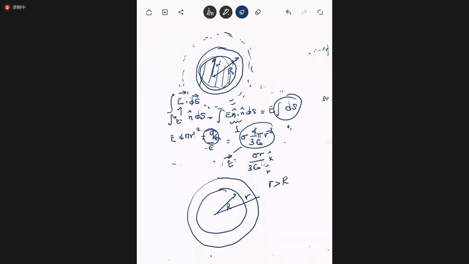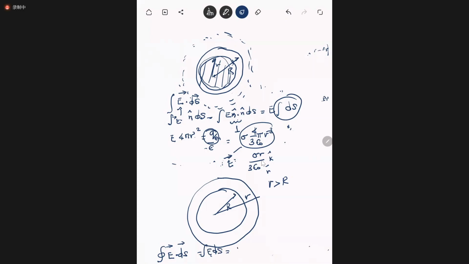Which is basically Gauss's law, the integral of E dot dS. Initially these are vector quantities, and for the same reason we expressed before, they can be expressed as algebraic or scalar quantities.